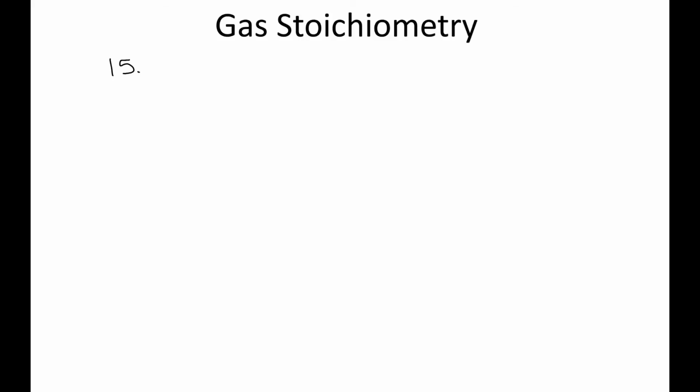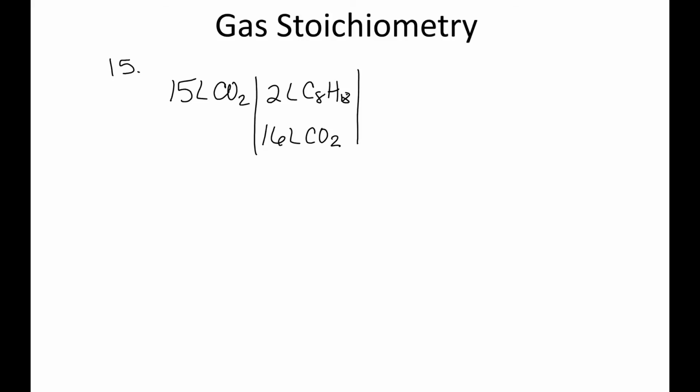So we're going to start out with 15 liters of CO2. And when you use your equation, find CO2, it's 16. So 16 liters of CO2. And we're looking for C8H18, and that's a 2. Oops, don't need that last line there.